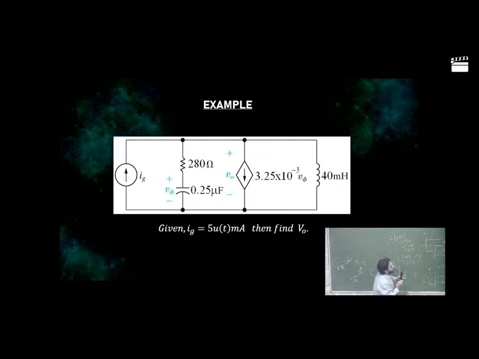The value is given by 3.25 into 10 power minus 3 times V5. V5 is the voltage across this capacitor, so this current will depend on the voltage across the capacitor. So it's a voltage dependent current source. And that is the inductor. So if I go to the next slide.